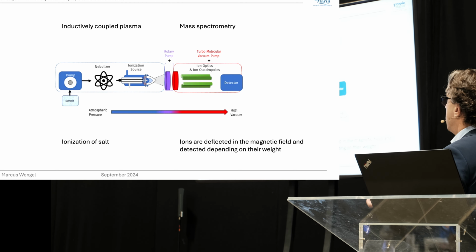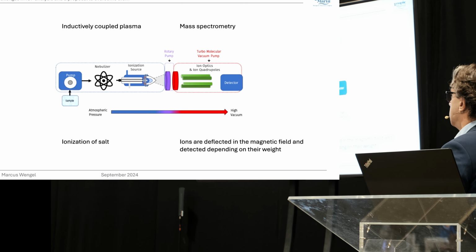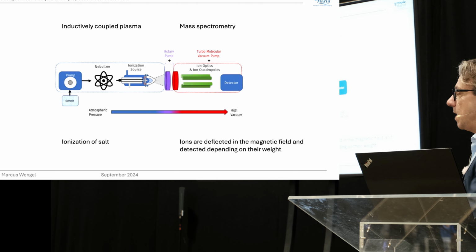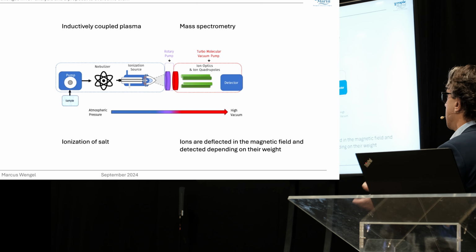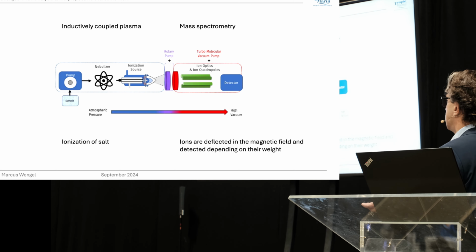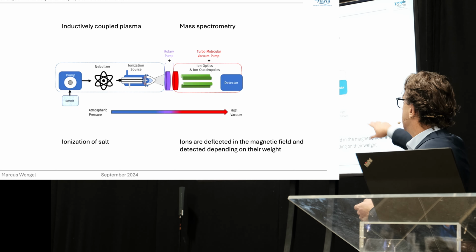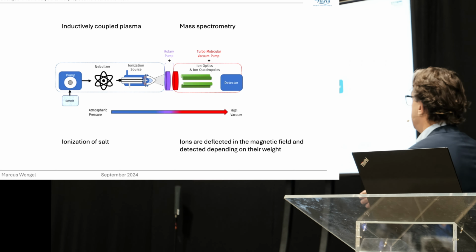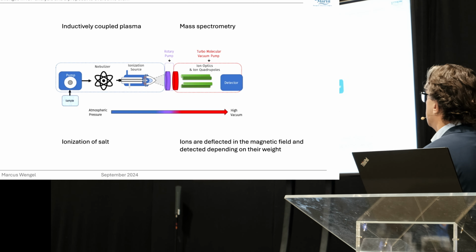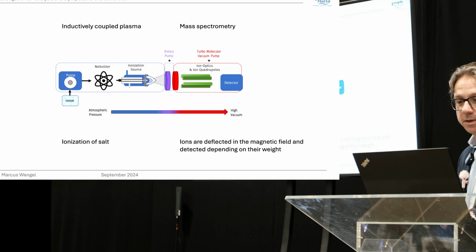So we measure the mass of certain molecules. Iron has another mass than manganese or magnesium or calcium. And this is what we can detect at the end: how many molecules of a certain mass we have in our solution.